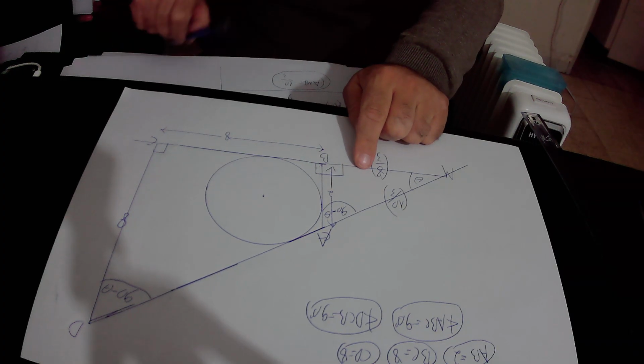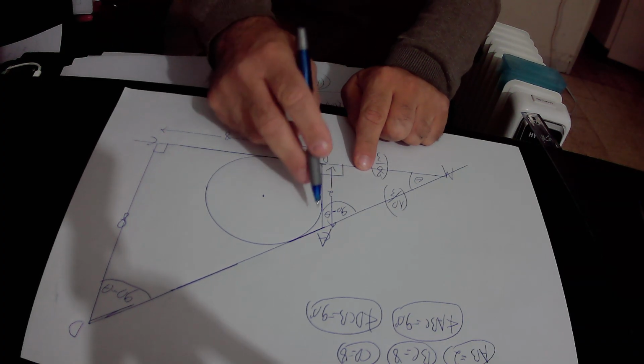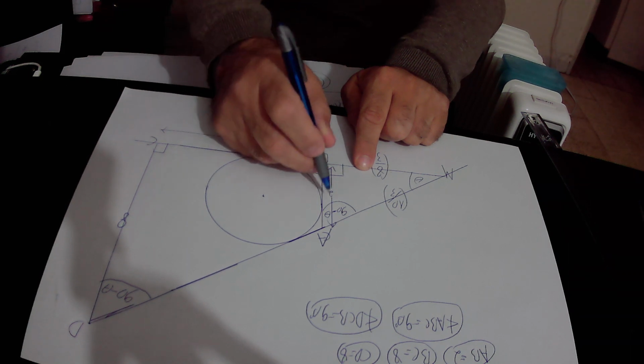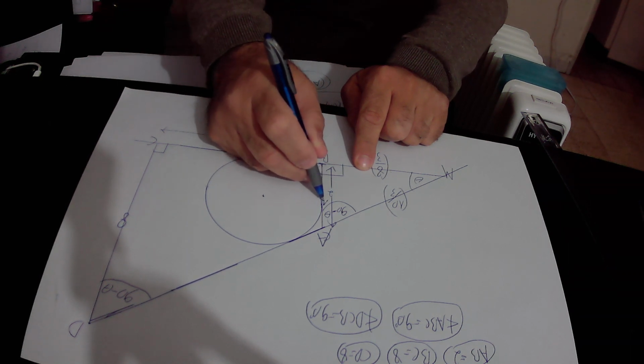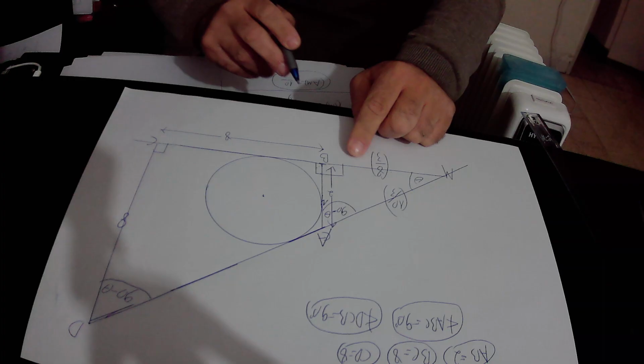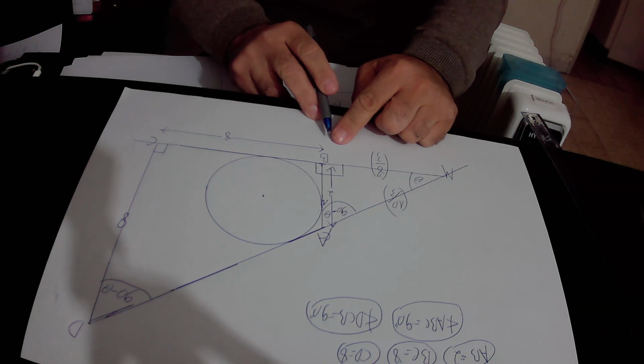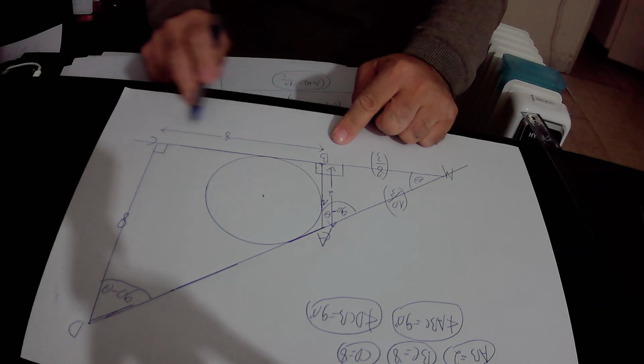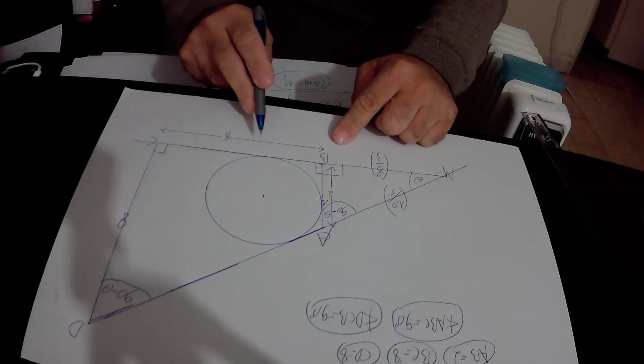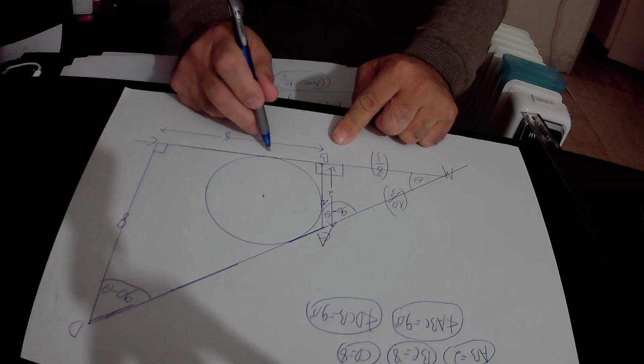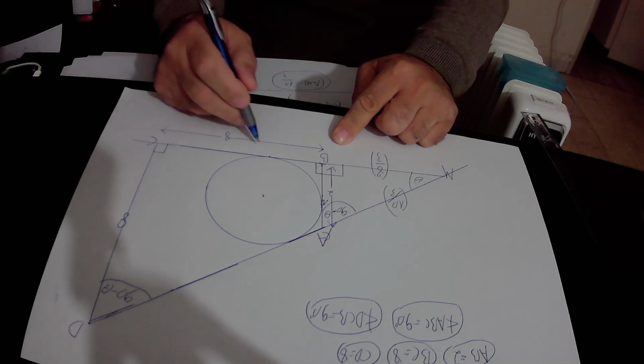So we define the point of tangency of AB with the circle as M. Here, line segment BC is tangent to the circle at this point, so we define the point of tangency of line segment BC with the circle as N.